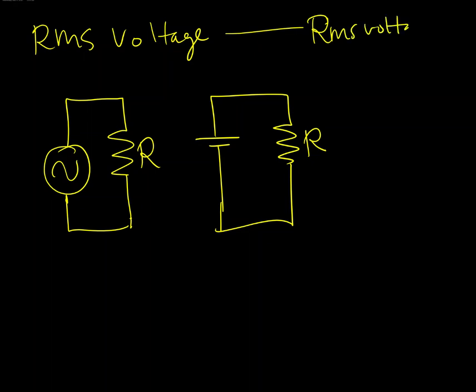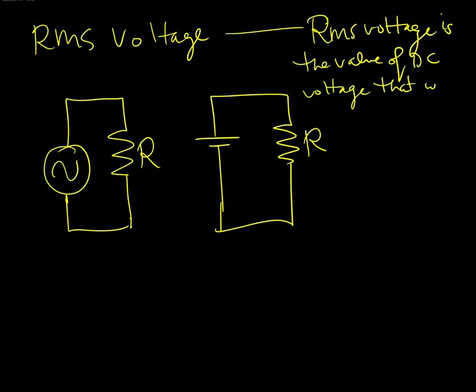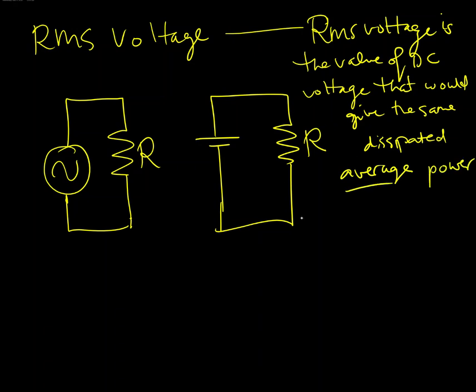RMS voltage is the value of DC voltage that would give the same dissipated average power, so average power in a resistive load, as the AC source.